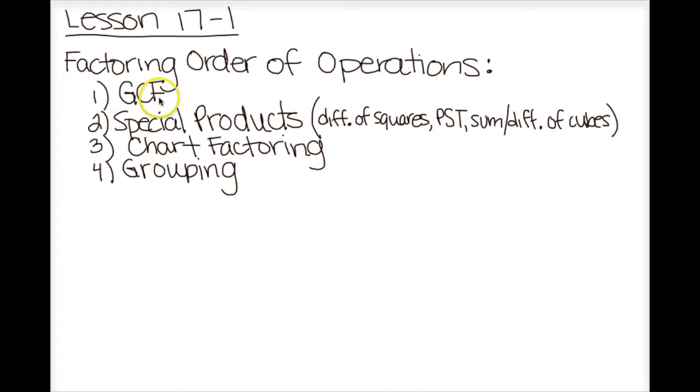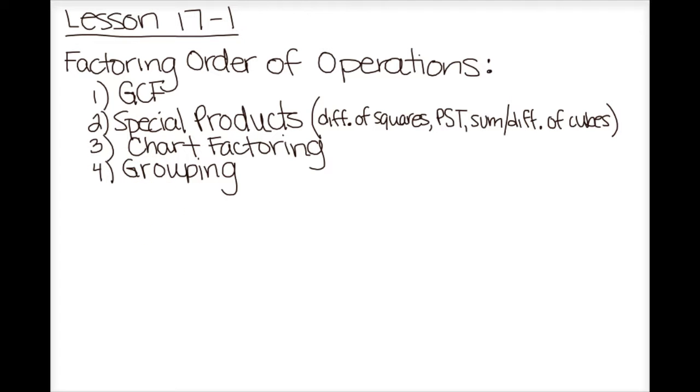So what I've written up here are the similar things to what we went through when we talked in section 7.2 about factoring originally. Remember, every factoring problem is an order of operations. You look for GCFs first, then you look for special products, then you chart factor, then you would factor by grouping.